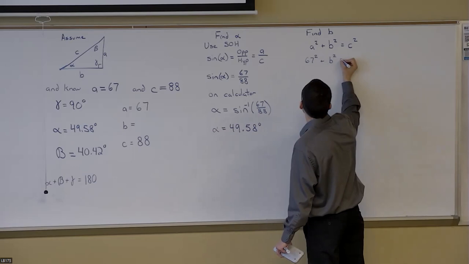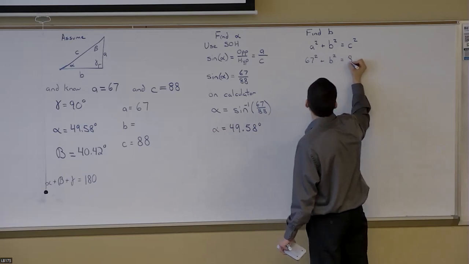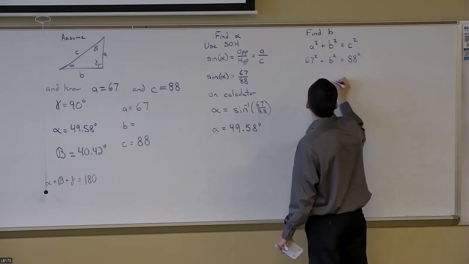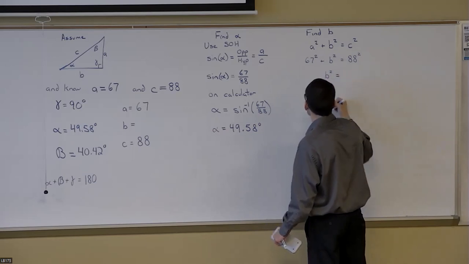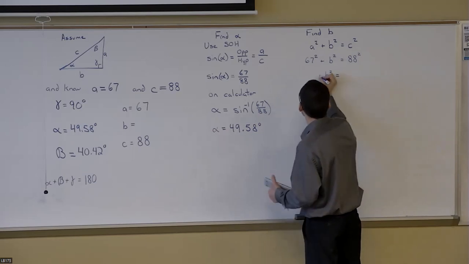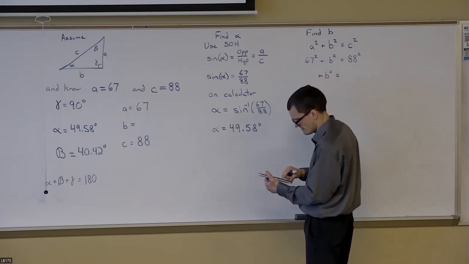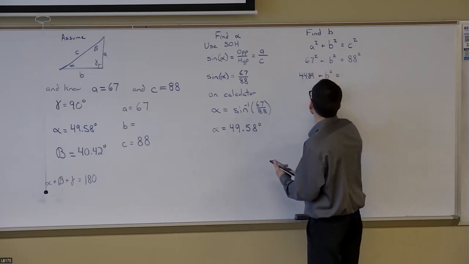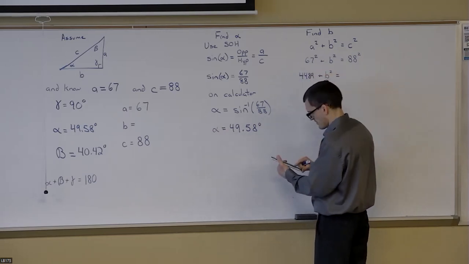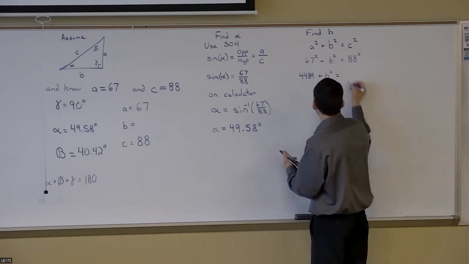I don't know B. C is 88. 67 squared is 4489, and 88 squared is 7744.